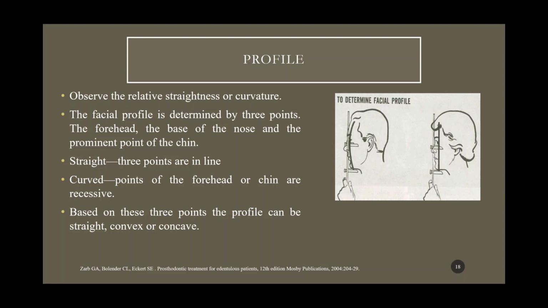According to the facial profile, one can select the form of the tooth. The labial surface of the tooth, when viewed from the mesial and the incisal view, should show a contour similar to what is viewed in profile.